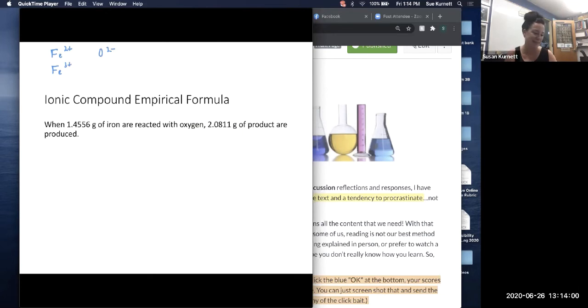Does this number seem right? So you're going to do the same thing. You're going to take your iron and recognize that the product is iron and oxygen. And to find the grams of oxygen, you have to subtract. So the process is the same as the previous page. There's one extra step at the end. So go ahead and do that.